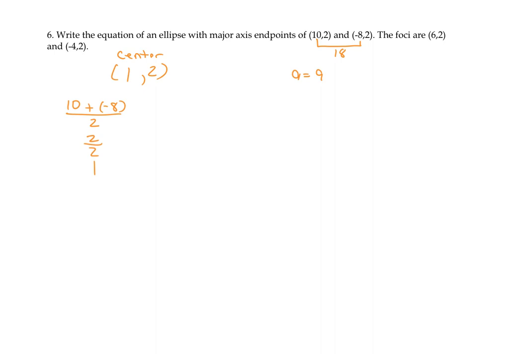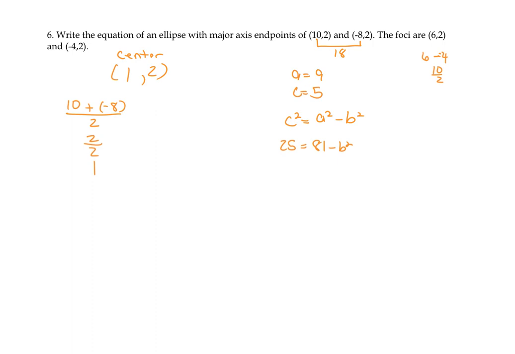Then I look at the foci, and that is going to give me between 6 and negative 4. Oops, sorry. 6 minus negative 4 equals 10, and half of 10 is 5. So my C value is 5. So now I'm going to do C squared equals A squared minus B squared. So C squared is 25 equals 81 minus B squared.